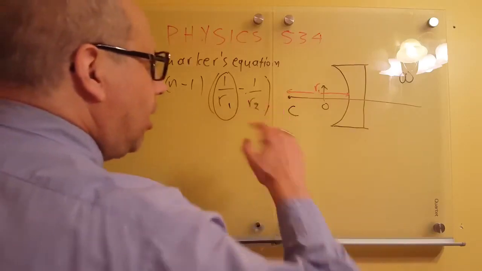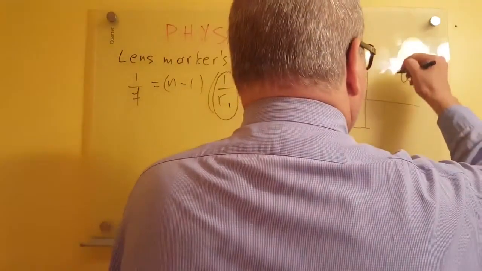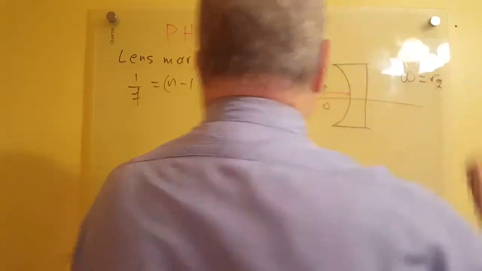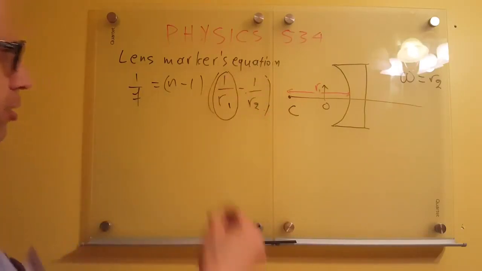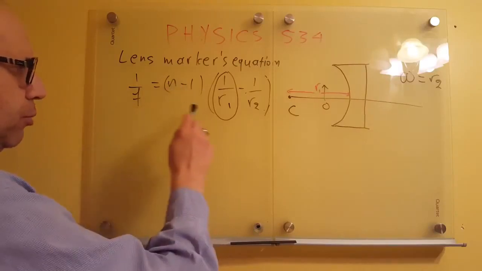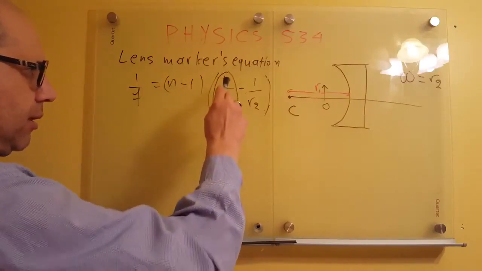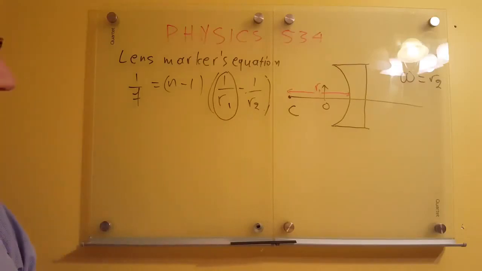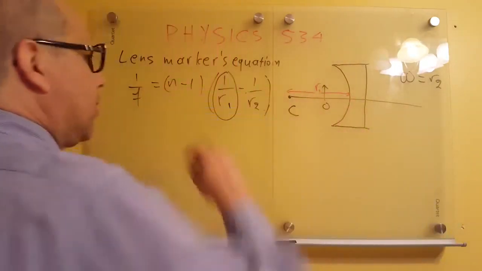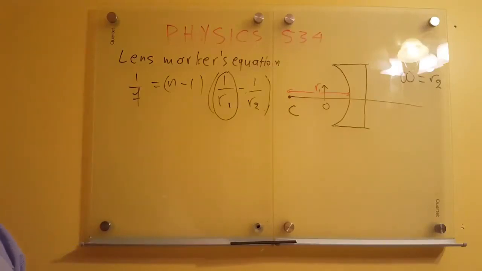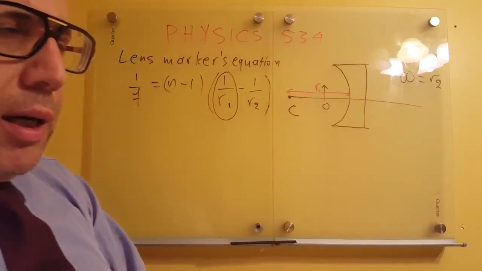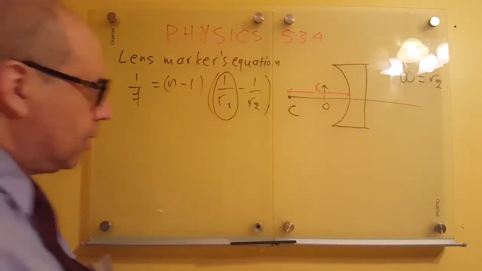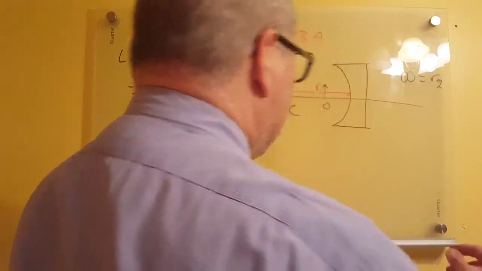And now the R2 is this here. So that means that the 1 over R2 is 0, or its limit is 0, so we can assume that it's 0. So that means that it's a positive number, which is the n minus 1, times a negative number, which is the 1 over R1. So that means that the 1 over f is negative, which means that f is negative, which means that this here is a diverging lens.